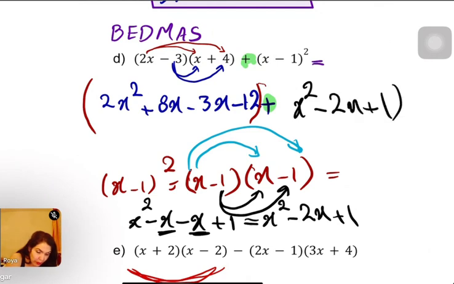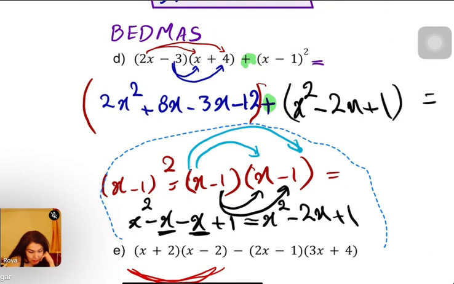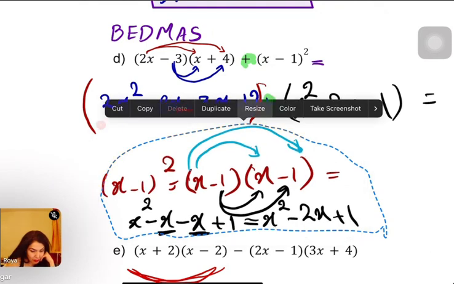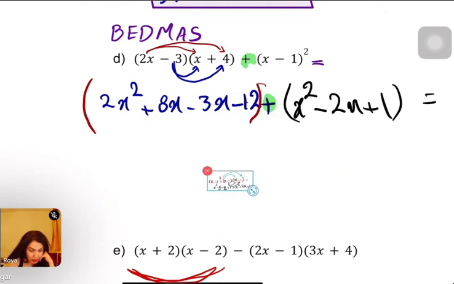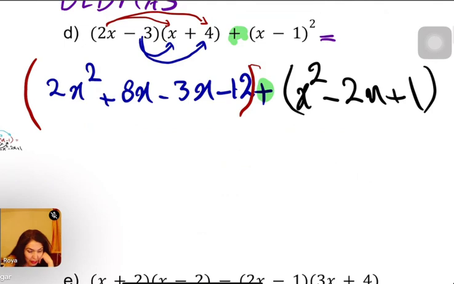If you want, you can put a bracket. Now, because between we have only plus and minus, we don't have any multiplication, these brackets are extra.